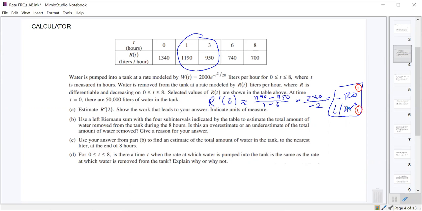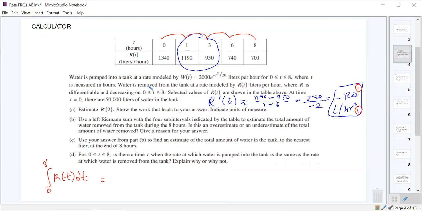Effectively we're trying to find the integral from 0 to 8 of R of T dt, because if we integrate the rate at which it's removed, that gives us the amount removed. It says 4 subintervals, not necessarily equal, which is what we've got here: 0 to 1, 1 to 3, 3 to 6, and 6 to 8. If they're not equal, you just have to pay attention to the width of each subinterval.